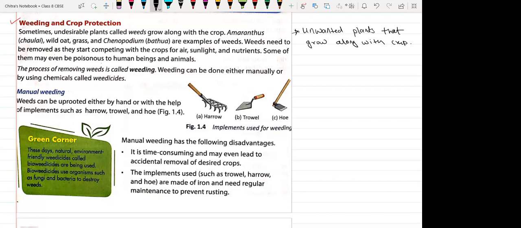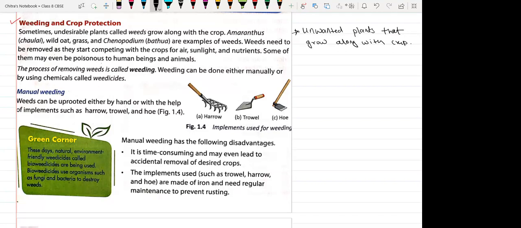If weeds grow on the crop field, they compete with the crop plant for space, minerals, sunlight, water, and nutrients. Due to that competition, the yield of the crop reduces.